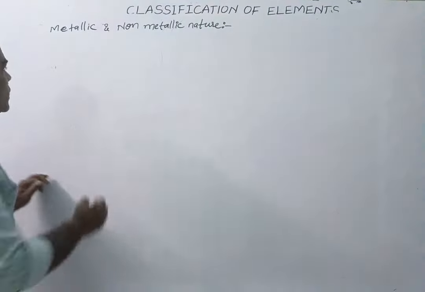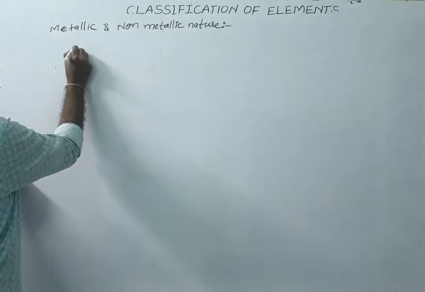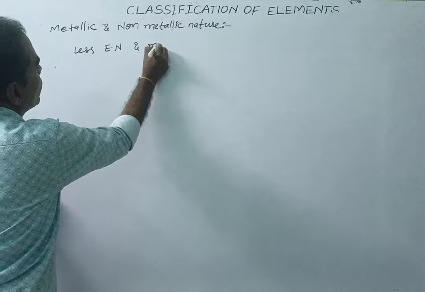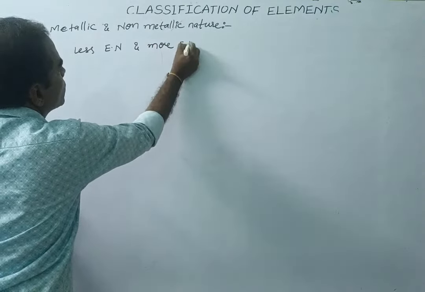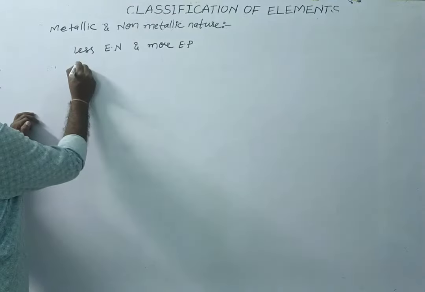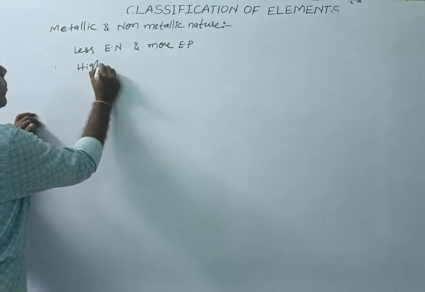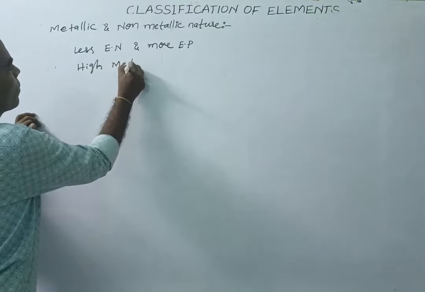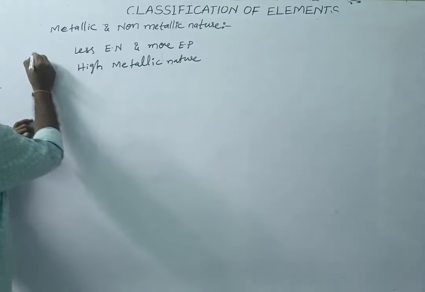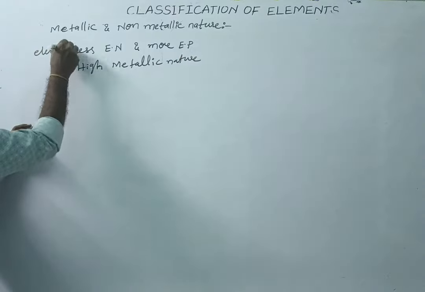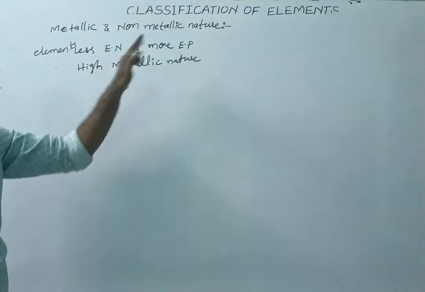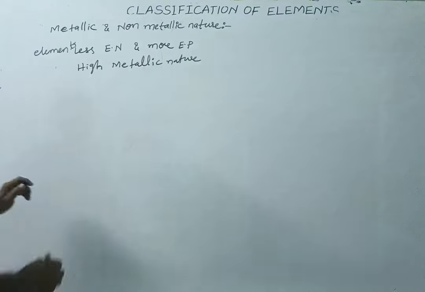Elements having less electronegativity and more electropositivity have high metallic nature. Elements with less EN values and more electropositive values are higher in metallic nature.